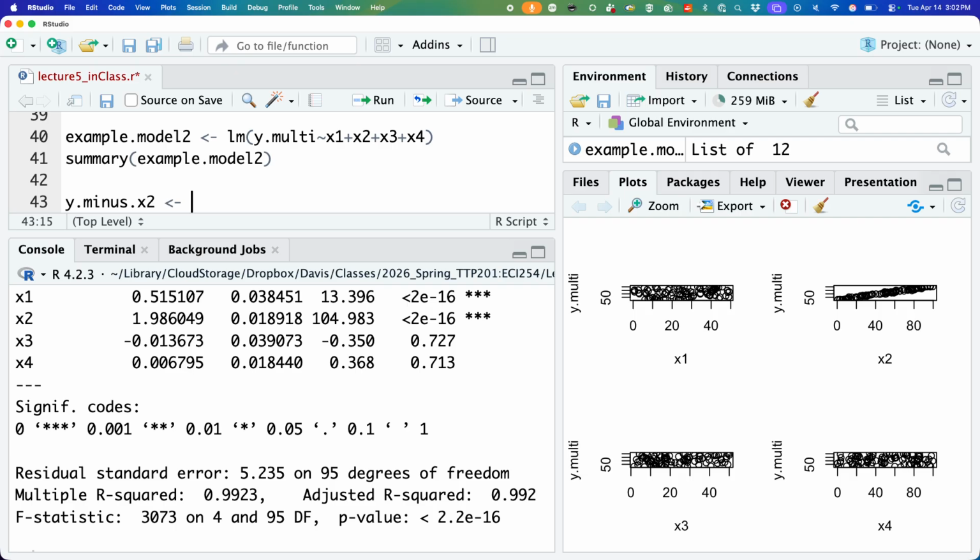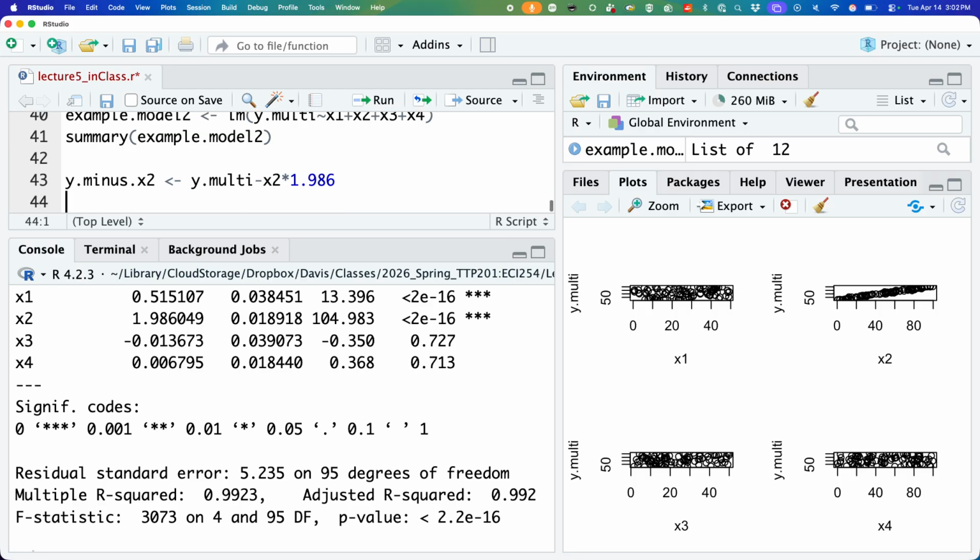So this would be y dot multi minus x2 times 1.986, and then we plot x1 against y minus x2.